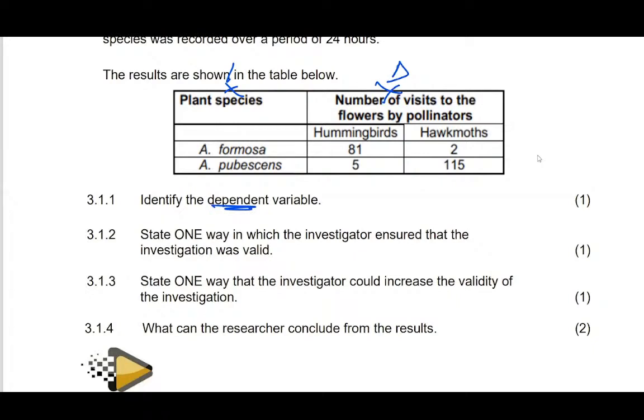State one way in which the investigator ensured that the investigation was valid.